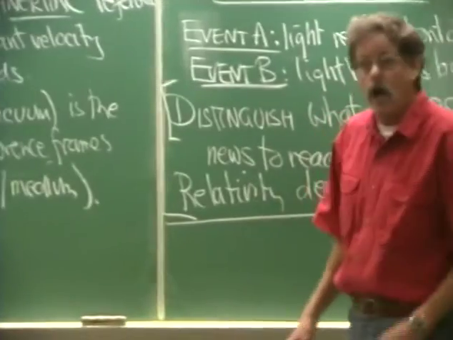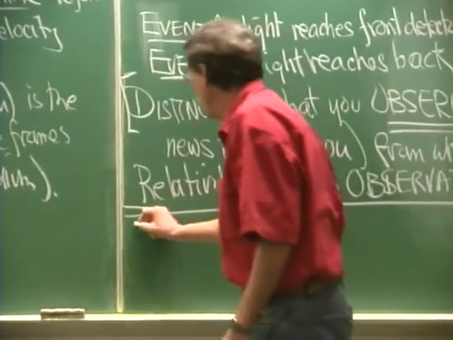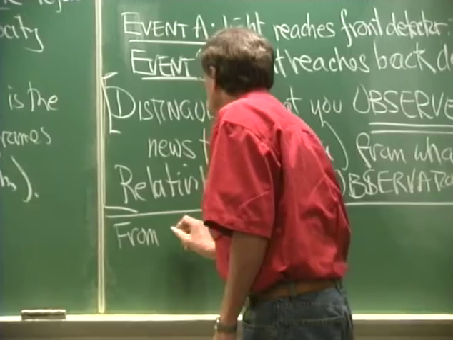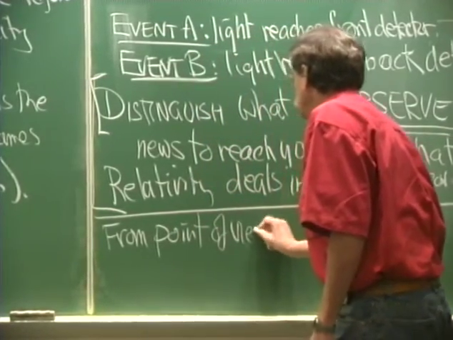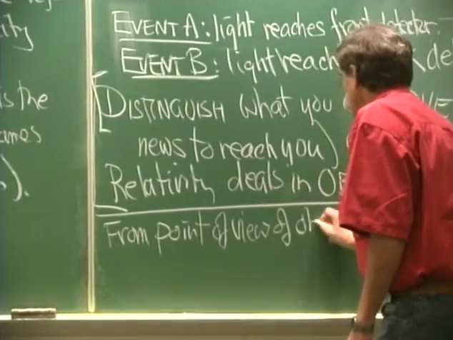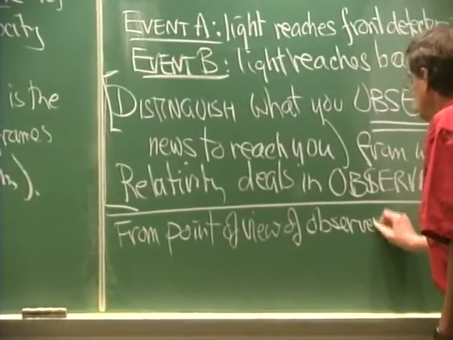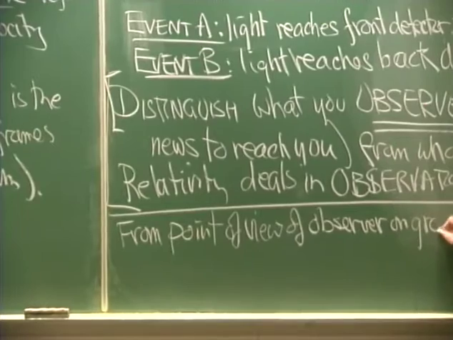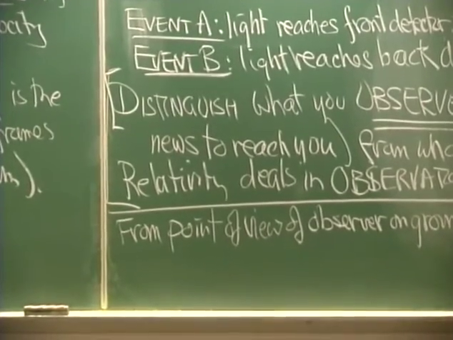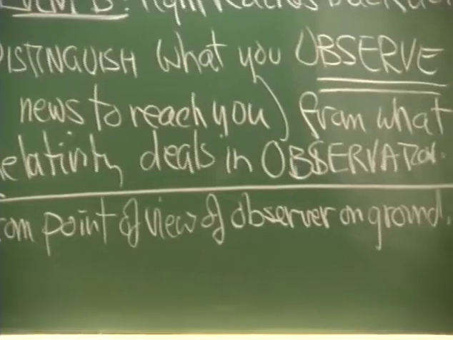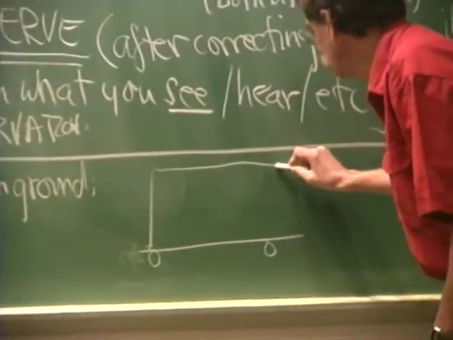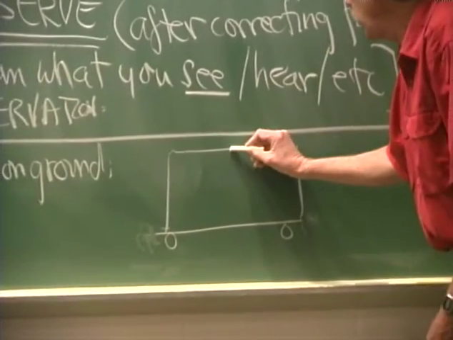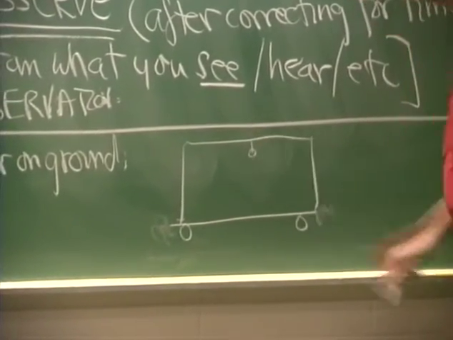But how does this same thing look from the point of view of an observer standing on the ground? Well, here's the boxcar, and the light bulb at the very center.